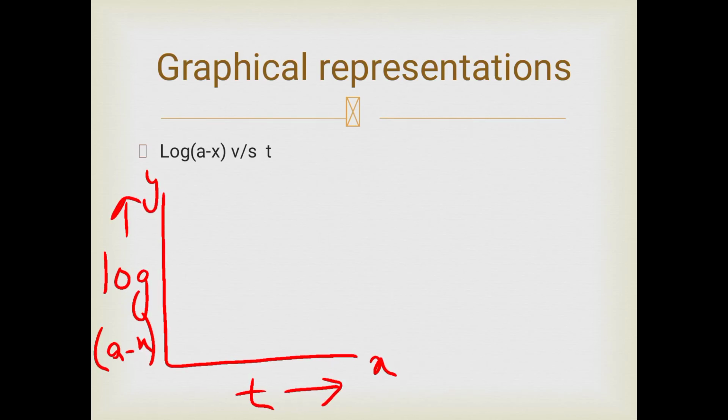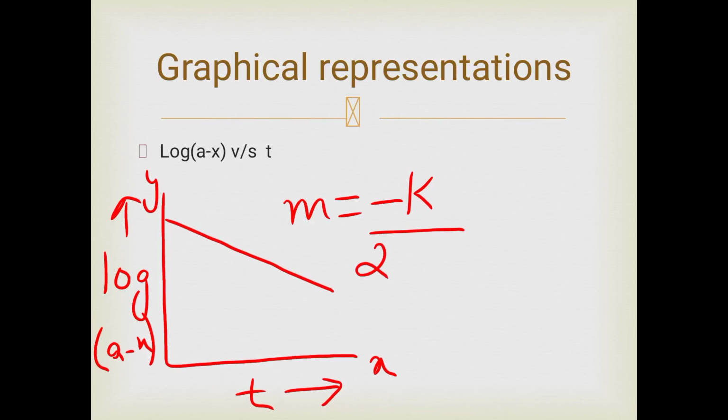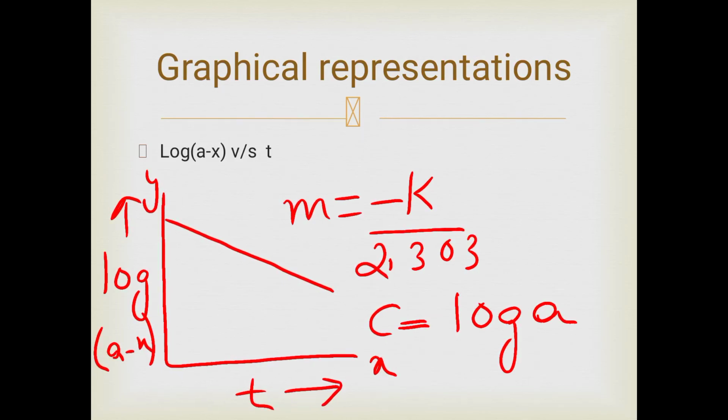I hope you all know that. And this graph is also the one with negative slope. So your slope over here is minus k upon 2.303, and your intercept is equal to log of a.